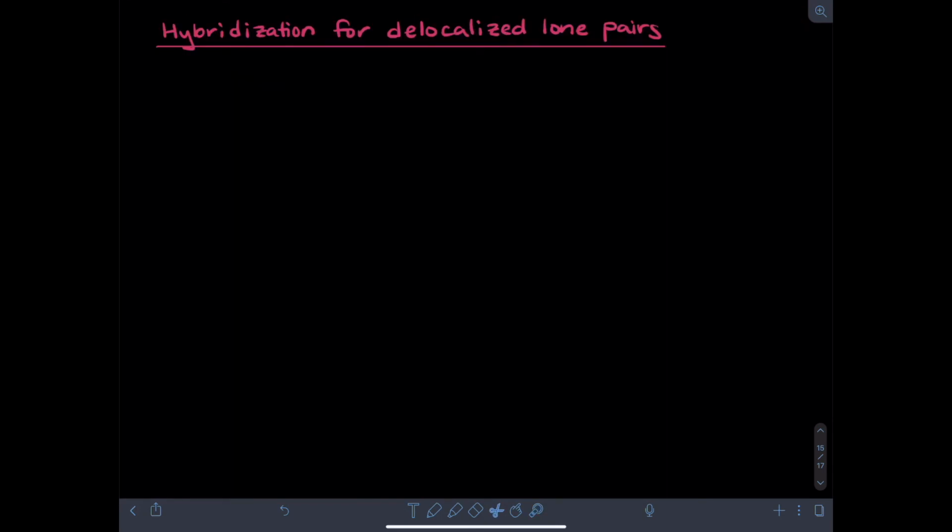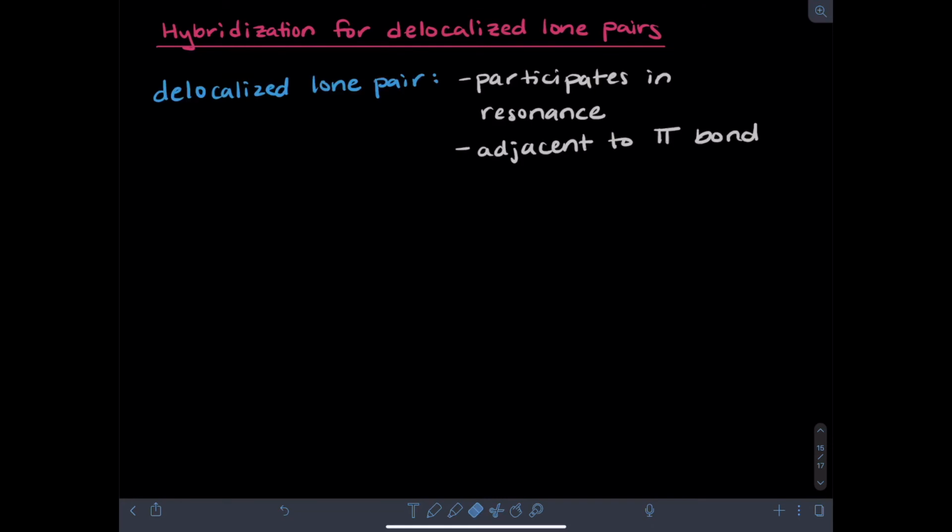The last thing I want to mention is that hybridization, and therefore geometry, can depend on whether or not there's resonance. So I'll define a delocalized lone pair as a lone pair that is participating in resonance, and typically this is because it'll be adjacent to a pi bond. So for example, let's consider an amide, where I have a nitrogen with a lone pair adjacent to a carbonyl.